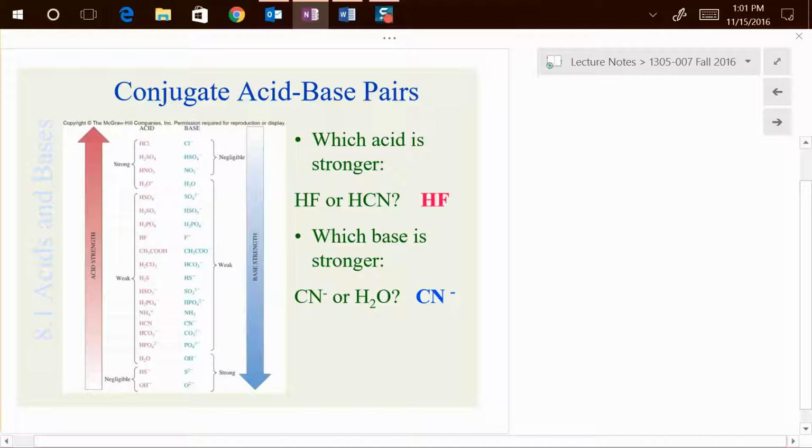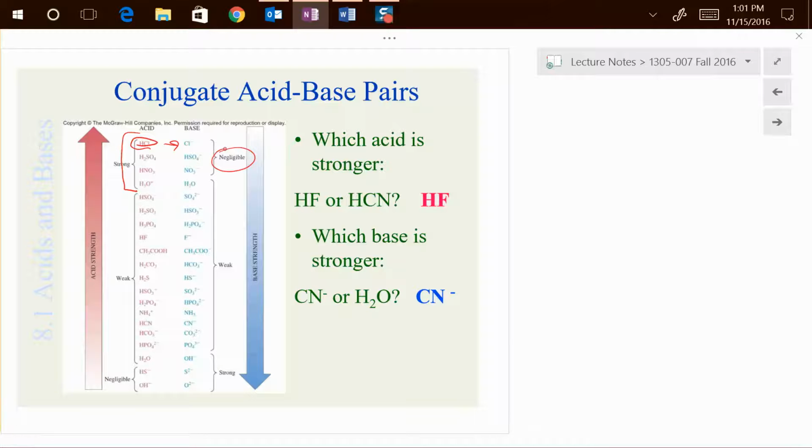Okay, so this is, I think, a really great chart because it helps us see the relationship between acid and base conjugates. Okay, so here I have HCl. It is a strong acid. Look, it's in the strong acid section, right? It goes to Cl-. Cl- is a negligible base, meaning it doesn't really have a basic property.